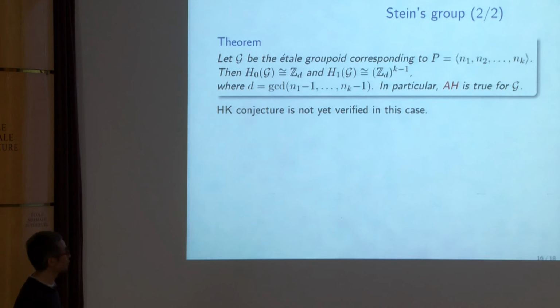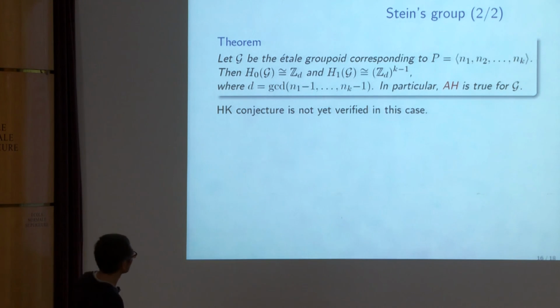But I have not yet computed the higher homology. So, okay, this is again an open problem. In particular, the AH conjecture, the abelianization conjecture, is true because this coincides with Stein's computation of abelianization. And I do not yet know HK.